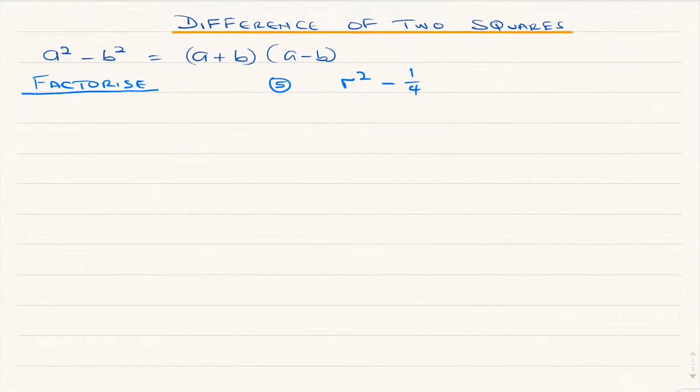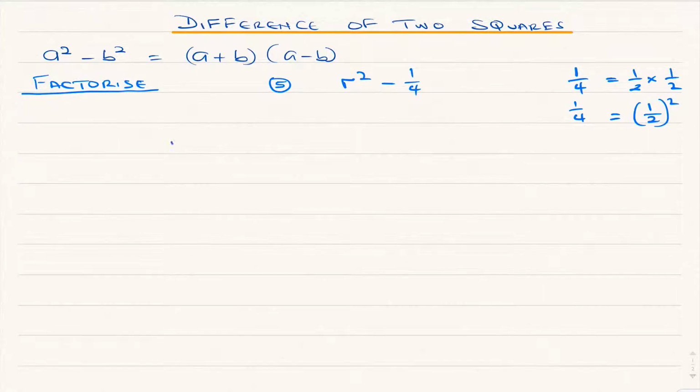Question number 5. r squared minus a quarter. Well, a quarter is a half times a half, and that will give a half squared. So that's a quarter, and therefore we can replace a quarter with a half squared.